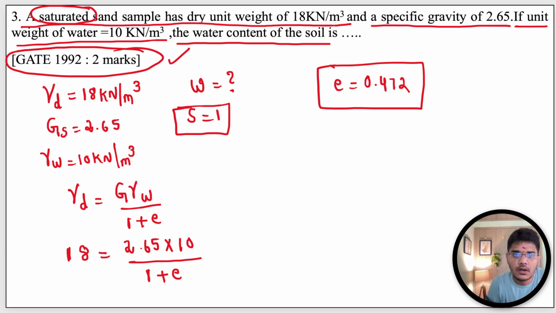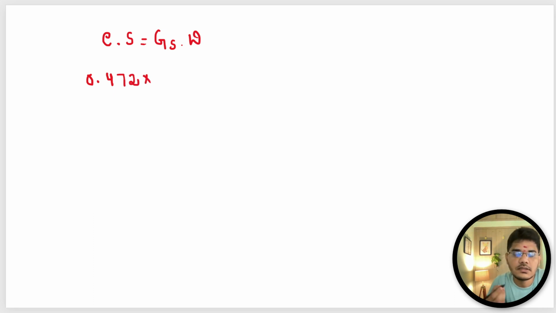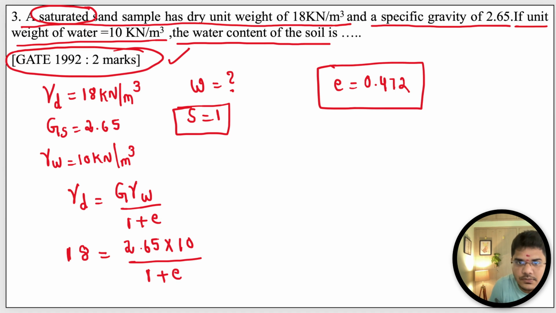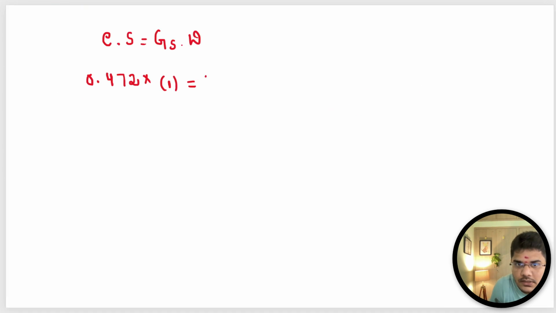And also we know the relationship between e in terms of water content, that is e into S is equal to Gs into w. So e we have calculated 0.472, into S, saturated means S is equal to 1, is equal to G, which he has given, 2.65, into water content.